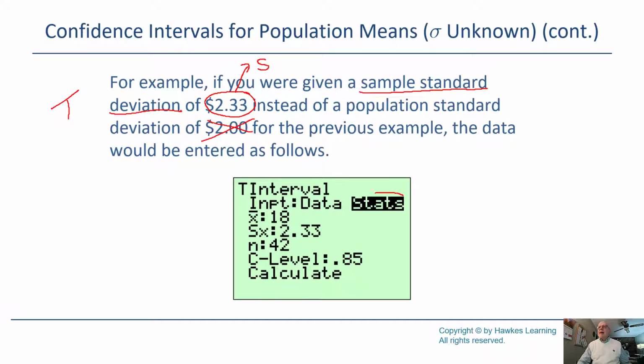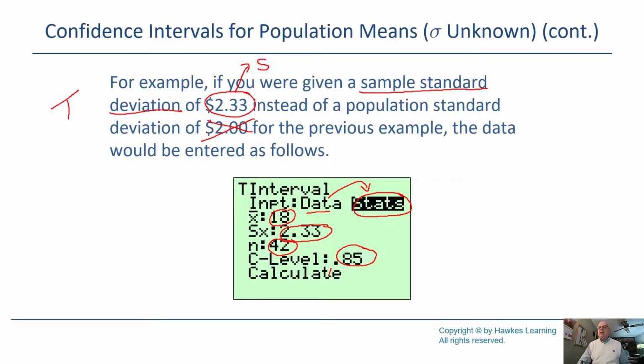Make sure that stats is highlighted. If data is highlighted, move over here, hit enter, and stats will be highlighted. Then put in your X bar, your sample standard deviation, the size of your sample, and of course your confidence level.